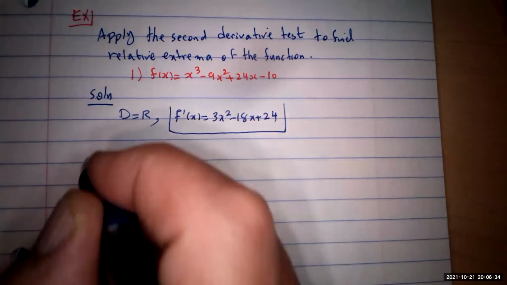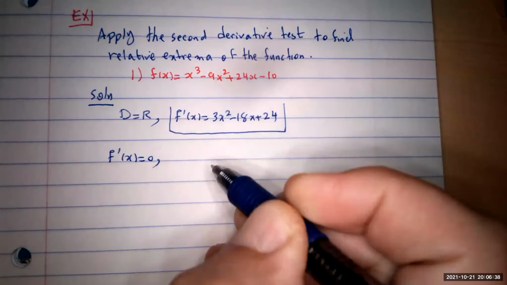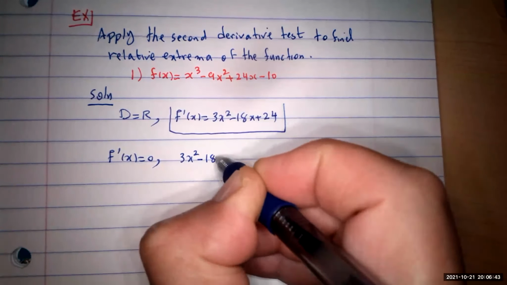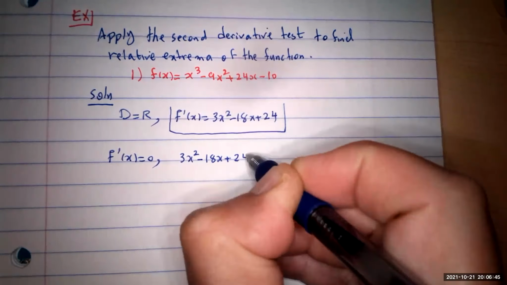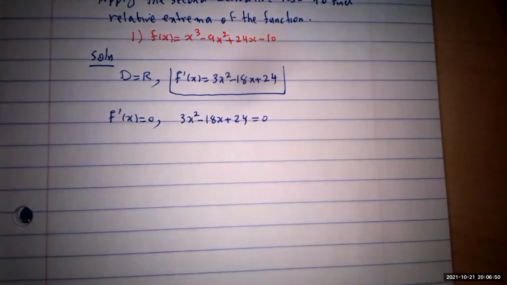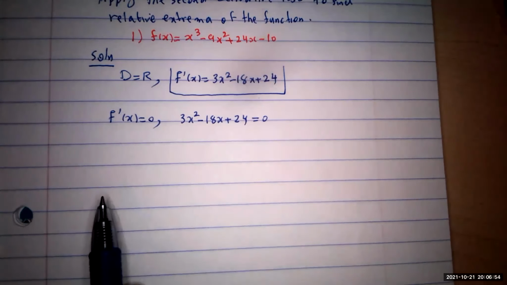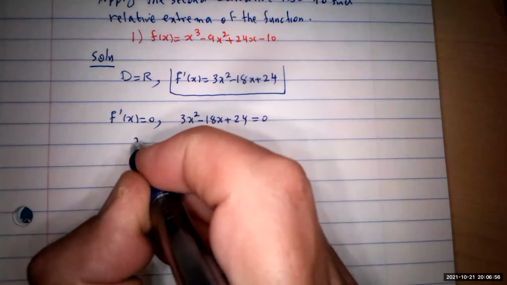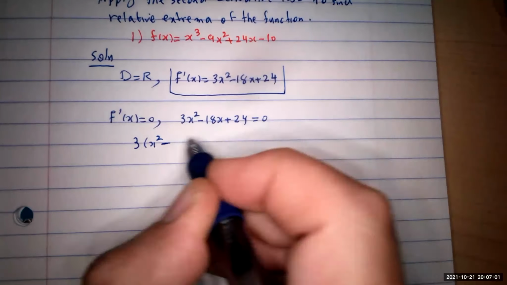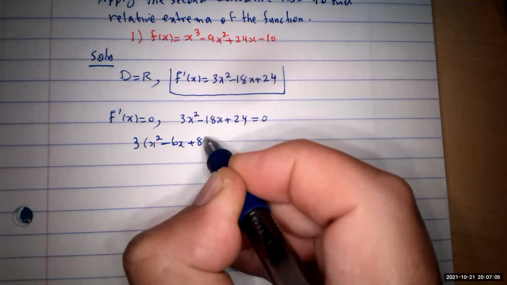You let it equal 0 to find the critical numbers. That gives you 3x squared minus 18x plus 24 equals 0. You have to solve this equation by factoring. You can pull out the 3 as a common factor and then continue. So we pull out the 3, which gives x squared minus 6x plus 8 equals 0.